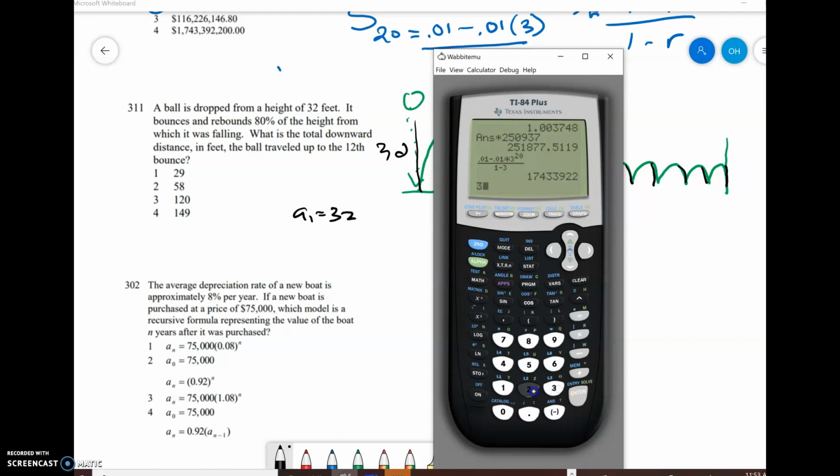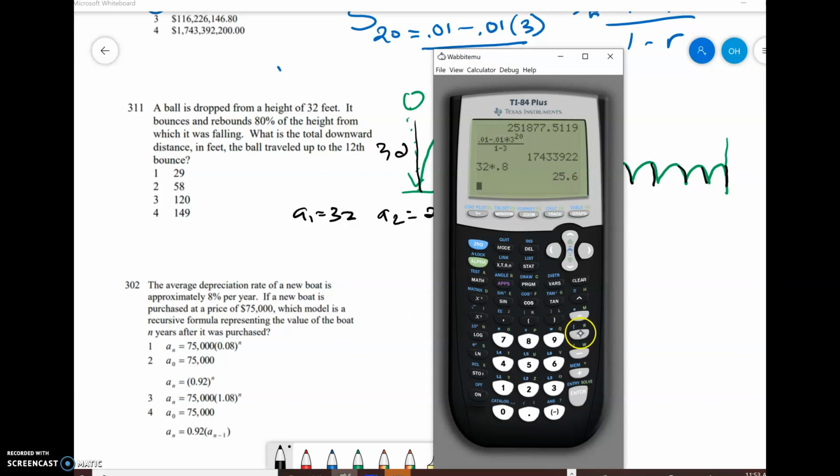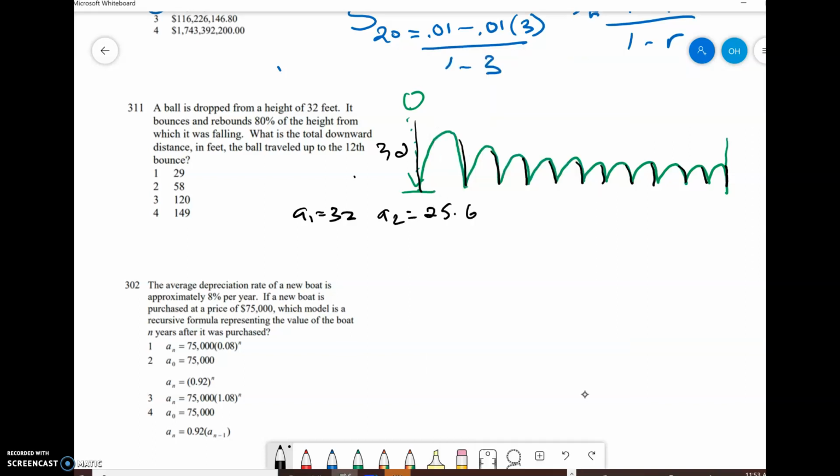If I multiply 32 times 0.8, a sub 2 is 25.6, and so on. Then if I take 25.6 and it bounces 80% of that height, I get 20.48, and so on. So my common ratio is 0.8.